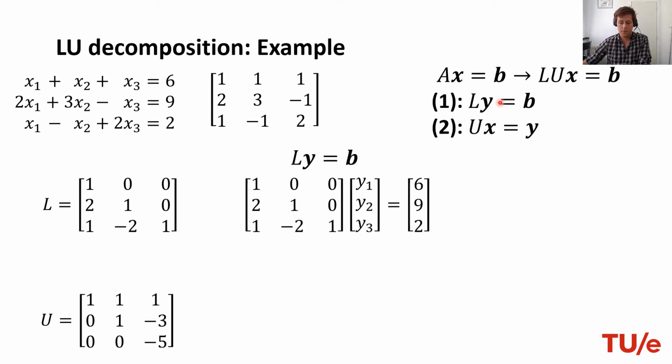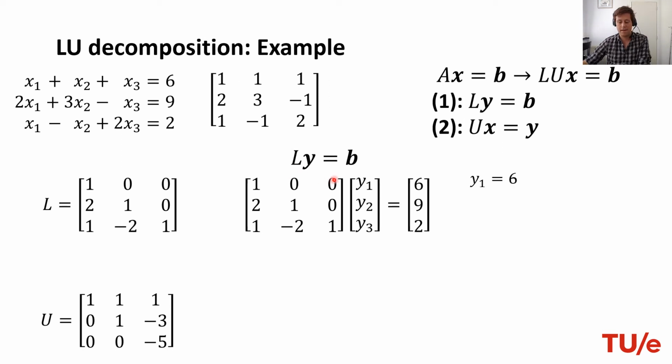We first construct this system Ly = b, where L is this matrix over here, b is the right-hand side of the linear system, and y is a vector of unknowns. This can easily be solved with forward substitution, as this is a lower triangular system.